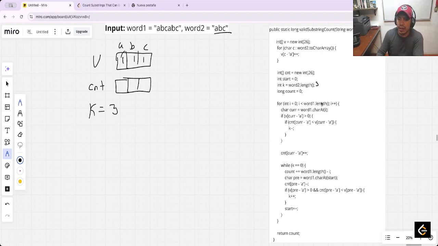Now start with the mapping. Start here. Let me disclose this. And this is closed here, and this is closed here. Okay.